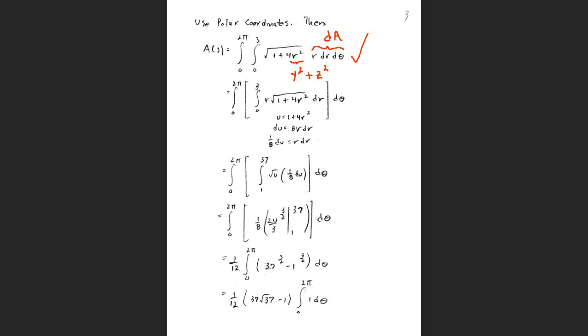And now it's just a matter of working the integral out. This is clearly a substitution. You're going to let u equals 1 plus 4r squared. Please let me know if you have any questions.